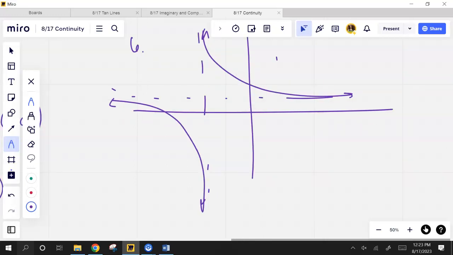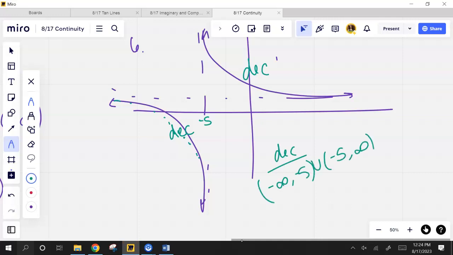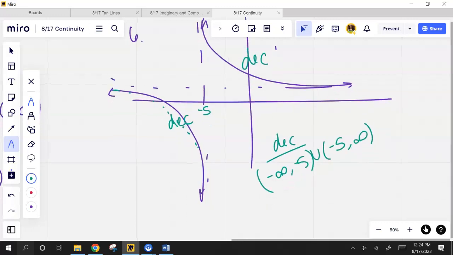I'm going down, down, and it's still going down. In fact, it's always decreasing. But I can't say negative infinity to infinity because there's one place where there is no graph. This is -5 right here. So I'm going to be decreasing from negative infinity to -5 and -5 to infinity. And increasing is none.